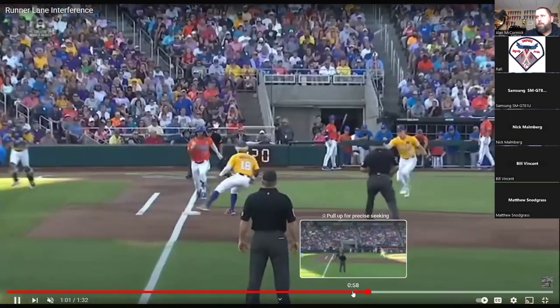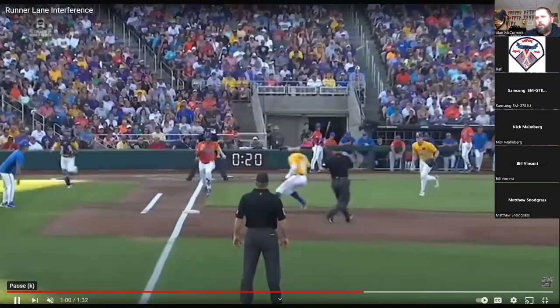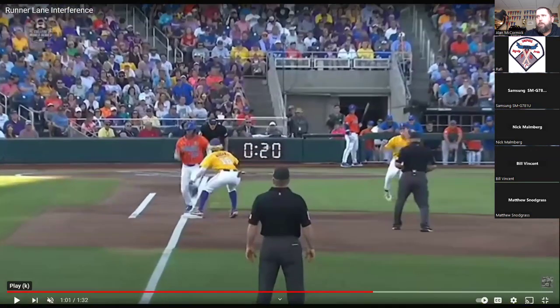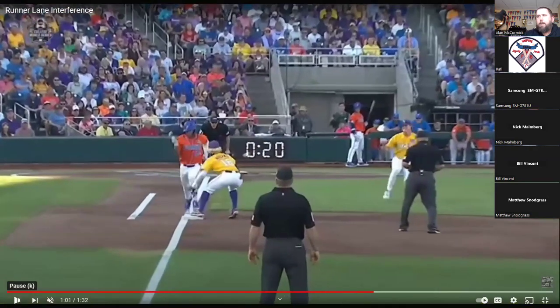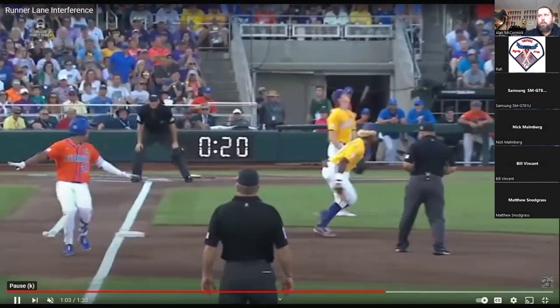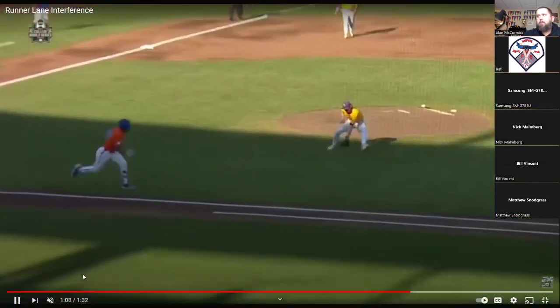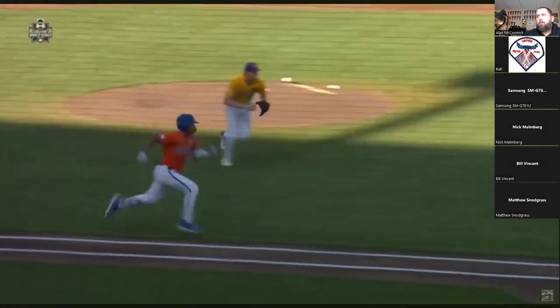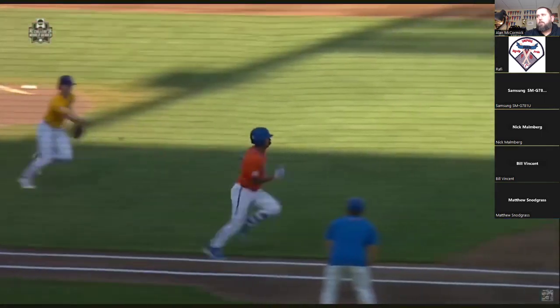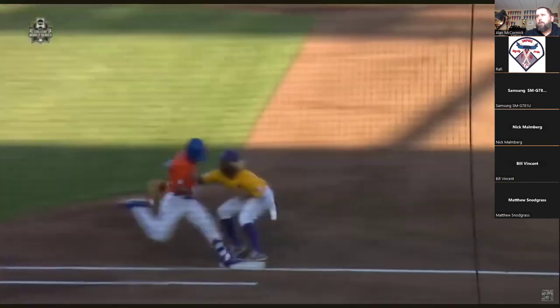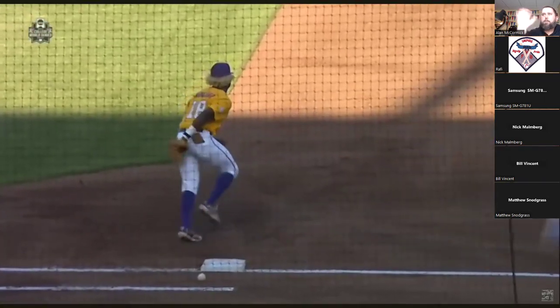Yep. So it's hard to see, but the batter's left elbow makes contact with the first baseman's glove. I think that's where you get it, as he's trying to catch it. See how his glove tips back?